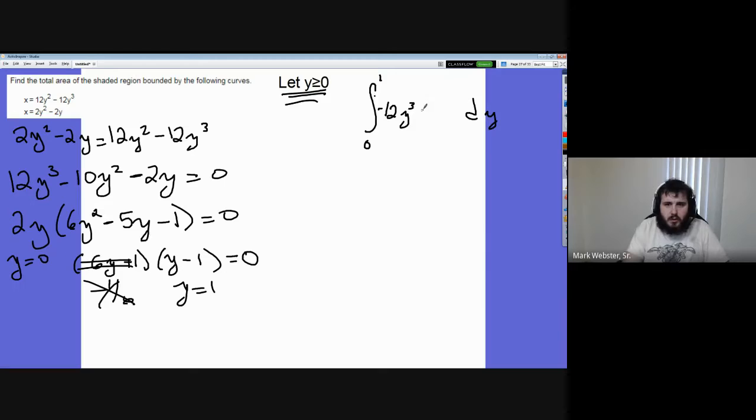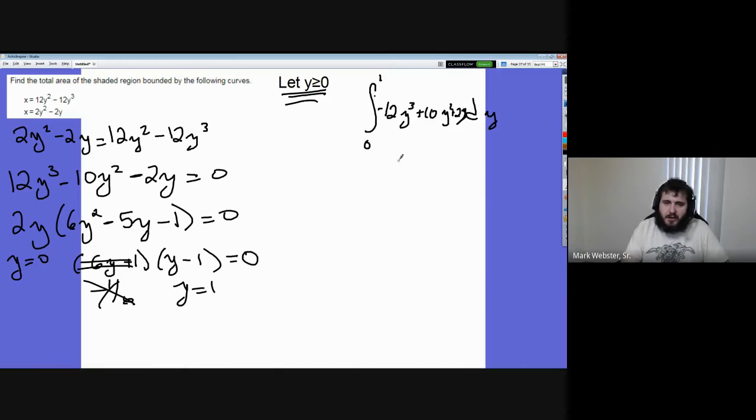So 10y squared. Then subtract. So plus 2y. And you see it's kind of the opposite here because this time I subtracted from the other side. If you just want to use this, you can just throw that in there. It'll give you the same answer. It's just a matter of what you want to do.